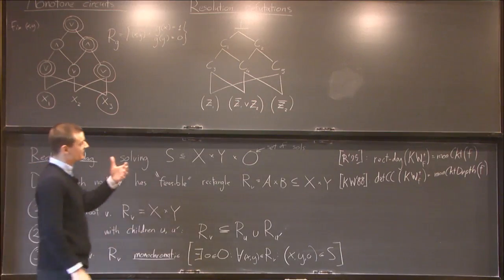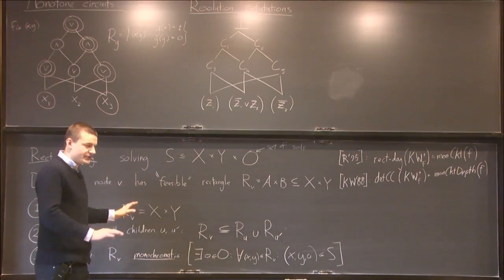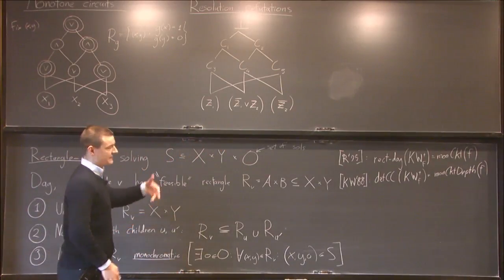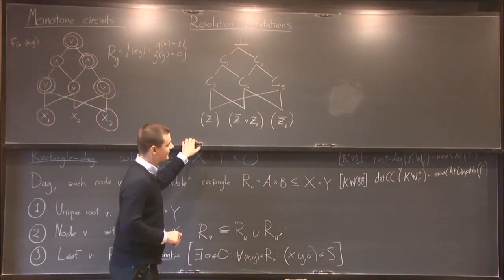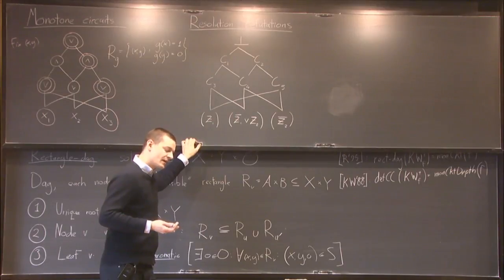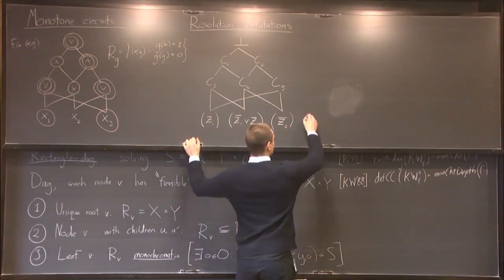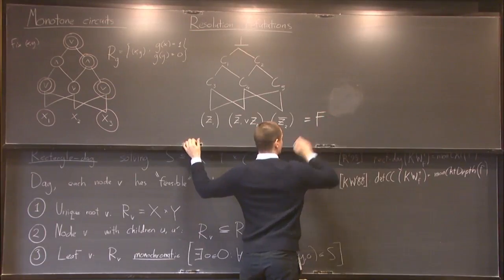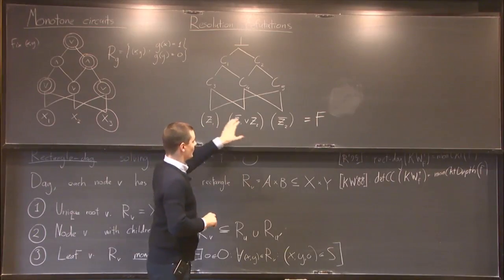Now I want to capture the size of a resolution refutation in a language that is so similar. Let me first just remind what the resolution proof system is. So it's a system that is trying to refute unsatisfiable CNF formulas. So you pick some, that's a capital F, some unsatisfiable CNF formula. So it has some clauses.